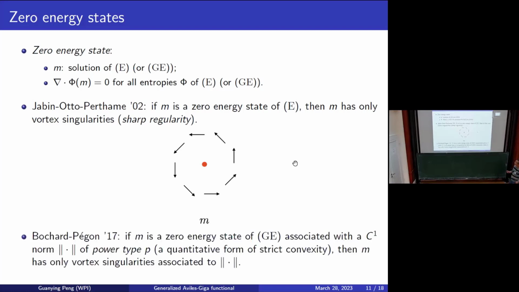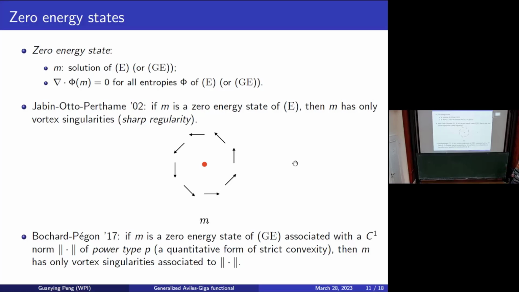In the work of Bochard and Pegon, they studied the generalized energy functional that I mentioned a couple of slides ago, and they extended this regularity result to the generalized setting. Specifically, they showed that if M is a zero energy state of the generalized Eikonal equation associated with a C1 norm of power type P, where this power type P condition is, non-technically speaking, a quantitative form of strict convexity, so a little bit more than strict convexity, then M also has just vortex singularities associated to this norm.